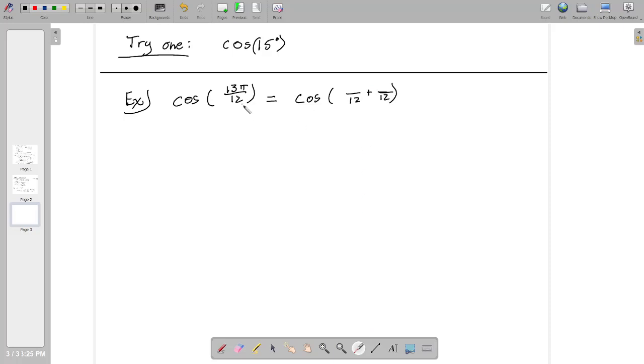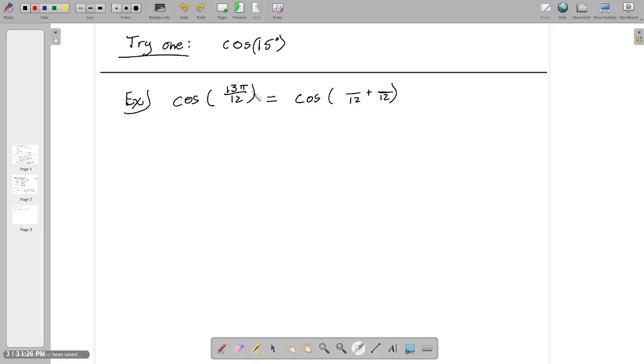Now, I want my numerators to add up to 13 pi, with the added condition that they reduce with my 12. So I can't do 7 pi and 6 pi, for instance, because sure, they both add up to 13, and this is a correct breakdown, but 7 pi over 12 is not on the unit circle, so we would be in the exact same situation, and we don't want to do this more than one time if we can avoid it.